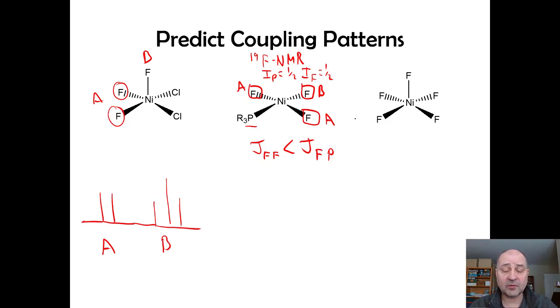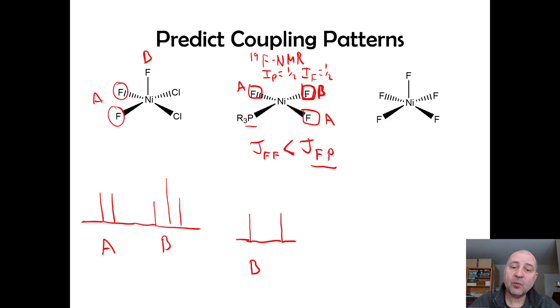So if this is all of the information I give you, you can take a look at, let's say, signal B here. You start with B, and you want to use the stronger coupling first. So the phosphorus is going to be splitting this into a doublet. You can kind of do that.